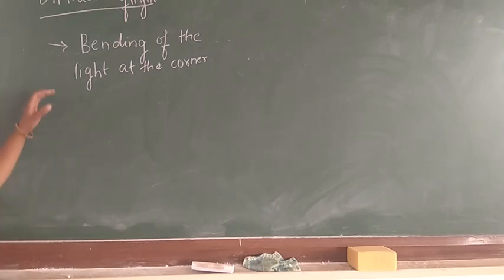Diffraction of light means what? It is the bending of the light at the corner, called diffraction of the light.